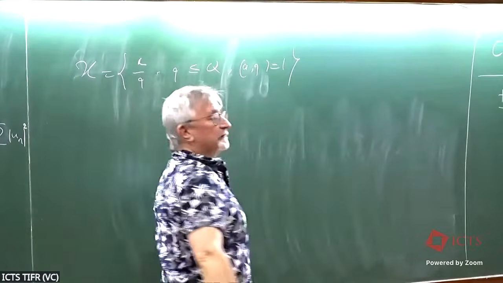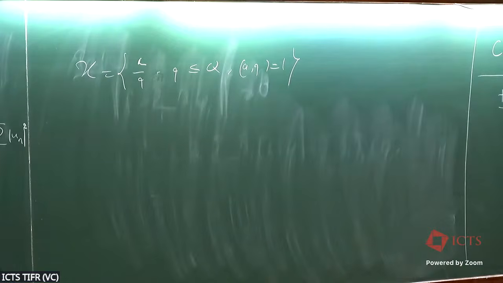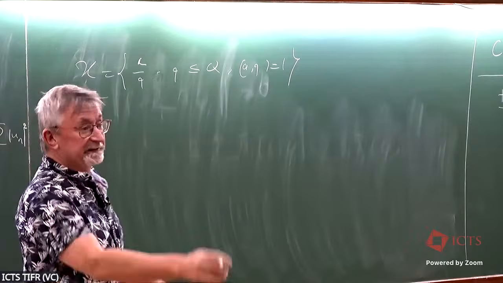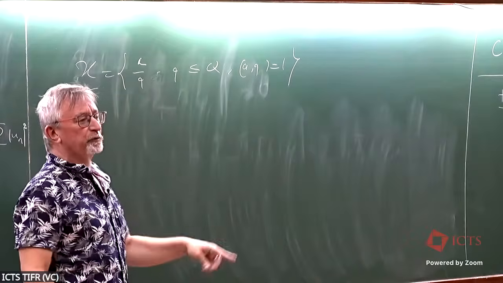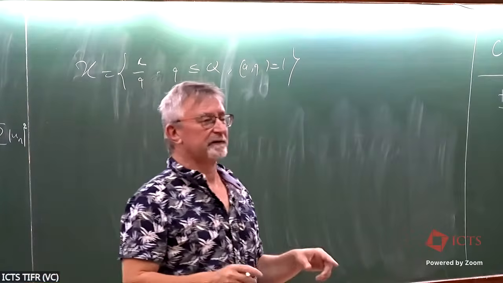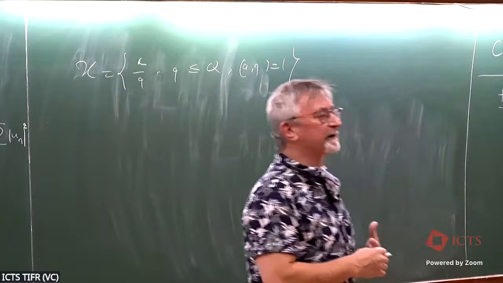So that's the Farey sequence that you saw in Keshav's talk. But you'll see it this week, you'll see it constantly. What is the spacing between two points? I mean, what is the minimum distance between two points, a/q minus a'/q'?